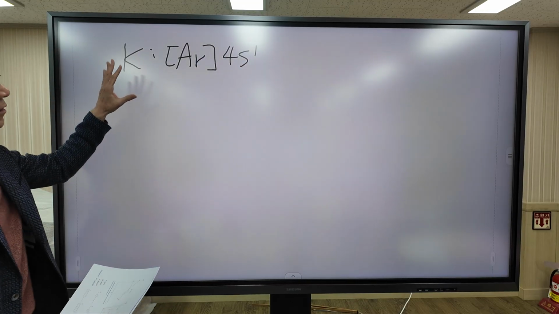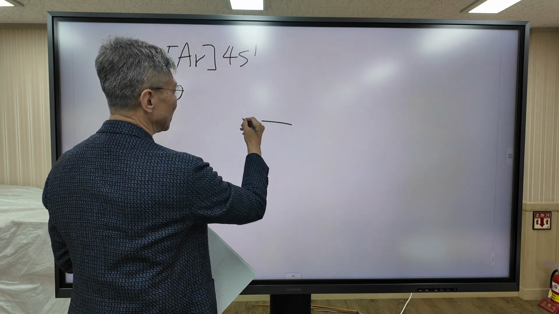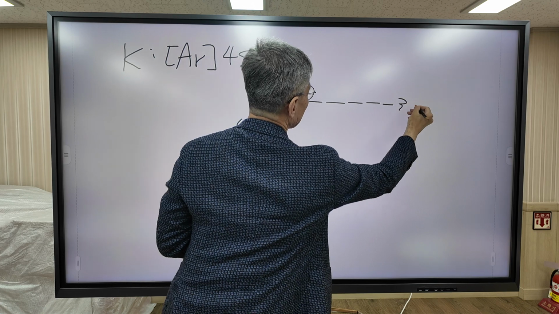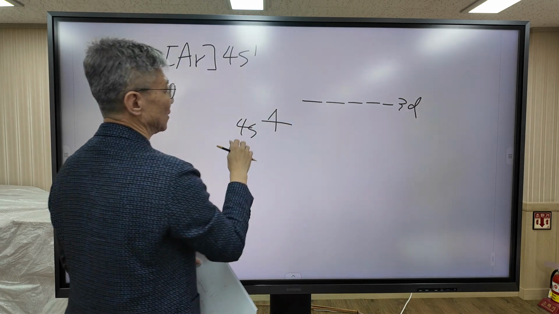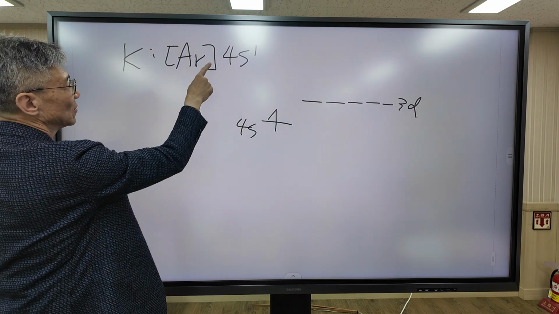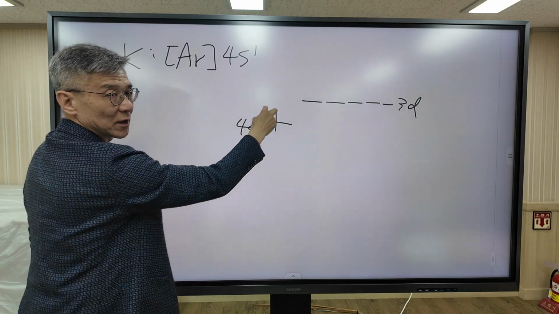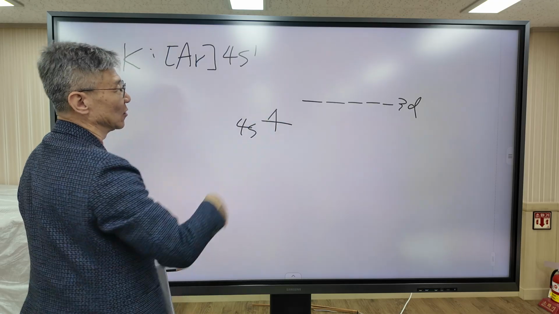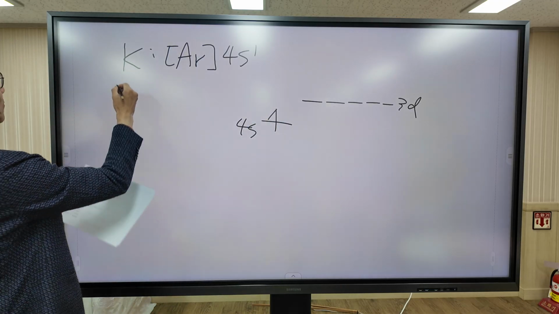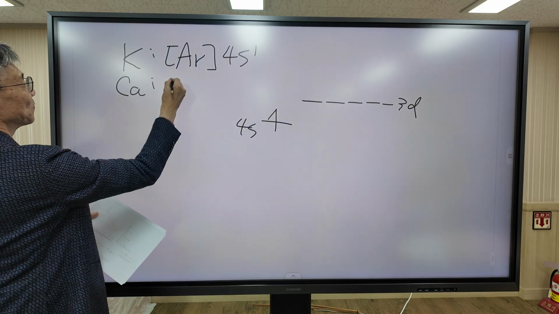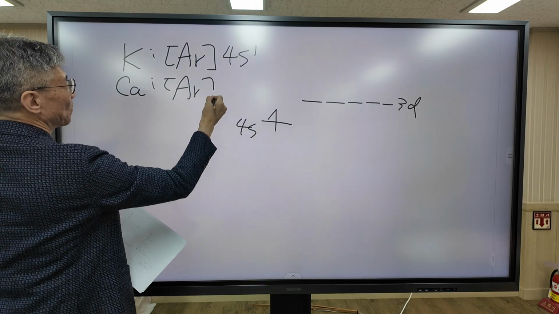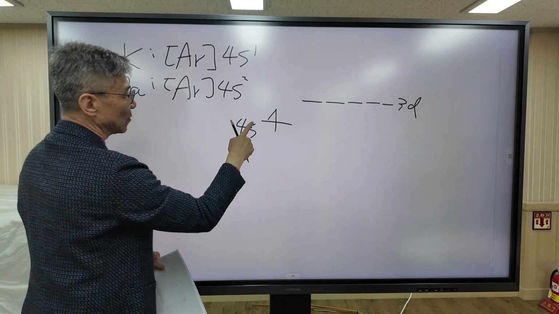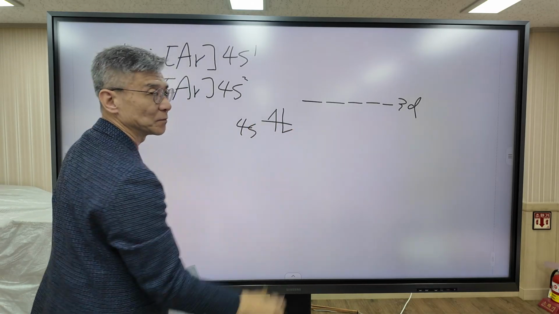It means that the 4s orbital energy level is lower than the 3d orbital, because the electron goes to the 4s orbital instead of the 3d orbital. It means that the energy level of 4s is lower than the 3d orbital. And calcium, so the remaining electron goes to the 4s orbital with a spin down.